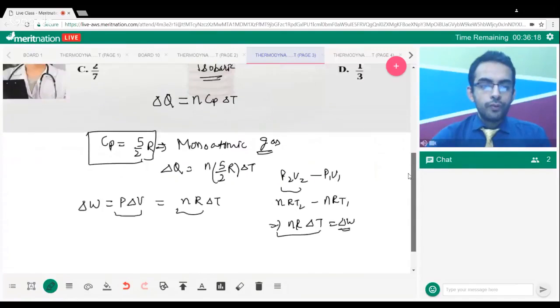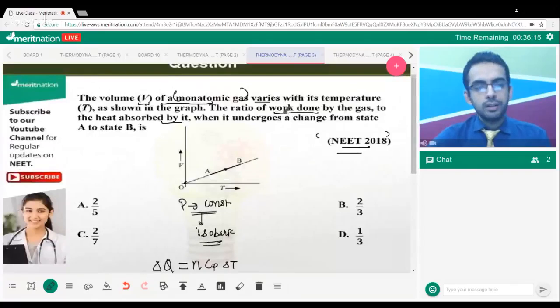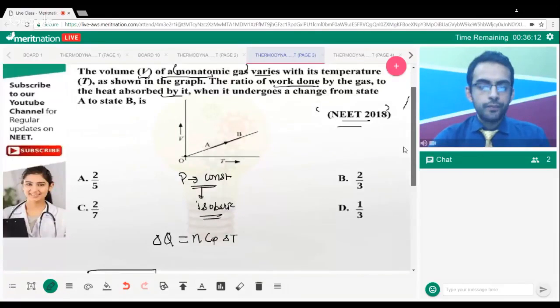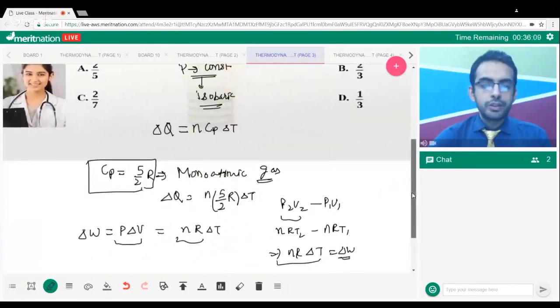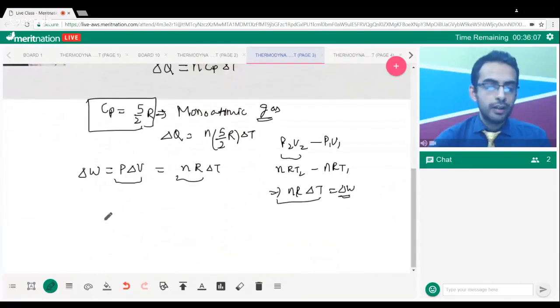So what we have to find? We have to find the ratio of work done to the heat absorbed.